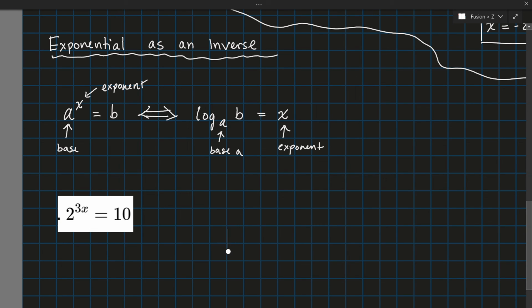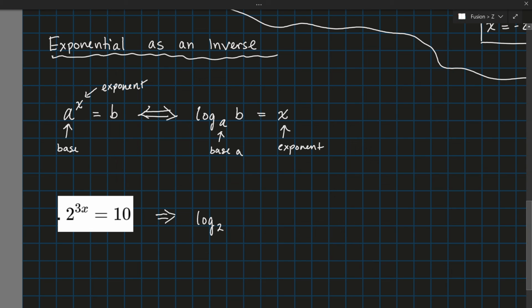So if we think about our rule before, what we tried to do was get the right side 10 as a power of 2. And there might be a way to do that, but it would involve decimal or fractional powers. A much easier way to do it would be to convert it to a logarithm expression. The base here is 2, so log base 2.